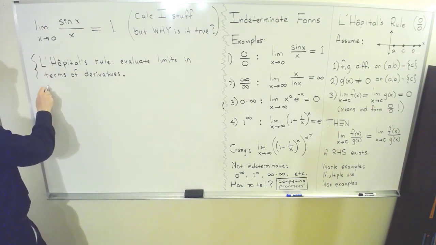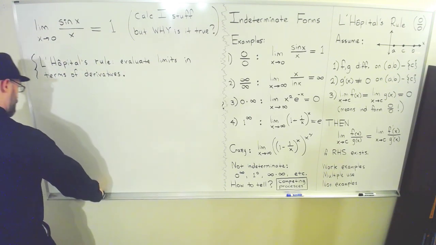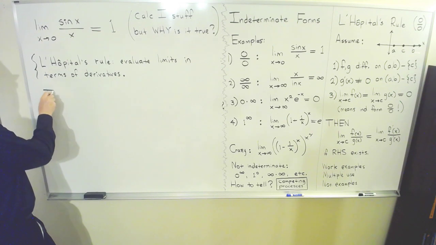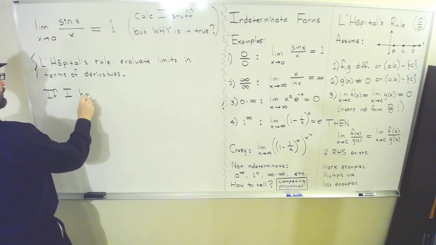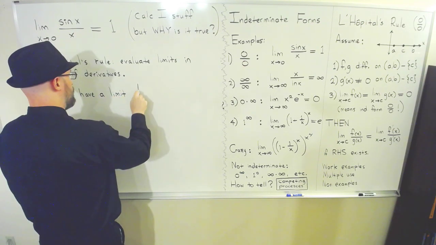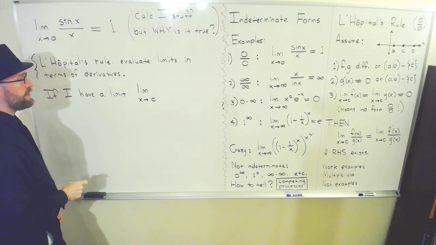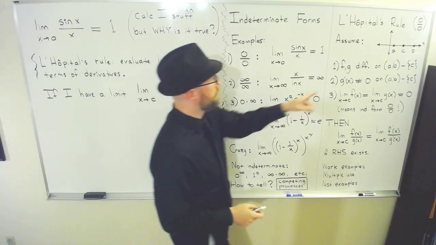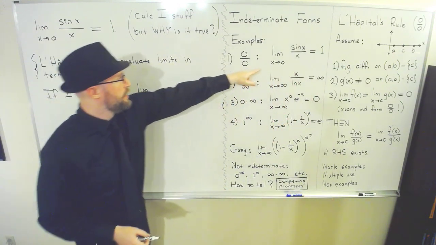So what do I mean by that? This says whenever, well, not whenever because there are conditions on it, but if I have a limit which looks like this, limit as x approaches some number c. This number c is certainly not necessarily the 0 that it was when we were looking at this thing here.